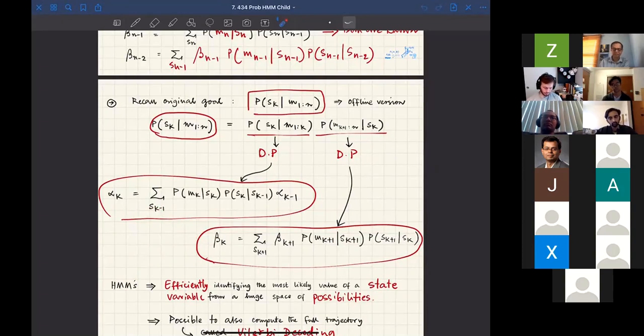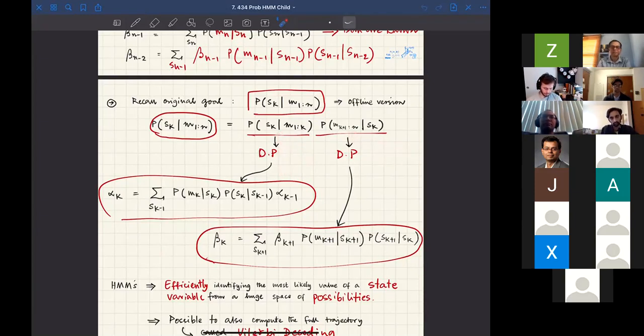Another way of saying it is when your hypothesis is what you're looking for, that is the posterior. When your hypothesis is in the given part, that is the evidence, that is the likelihood. Okay, so this is posterior, this is likelihood. Adil, is that clear? Yes, it is.